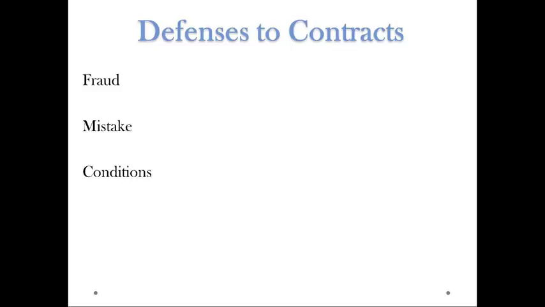Let me just tell you a little bit about fraud. I covered fraud in torts. Fraud is a tort, but it is also an argument used in contract cases by defendants to say, I'm not liable. The best example would be where the defendant bought a used motorcycle from somebody and didn't pay for it in full.